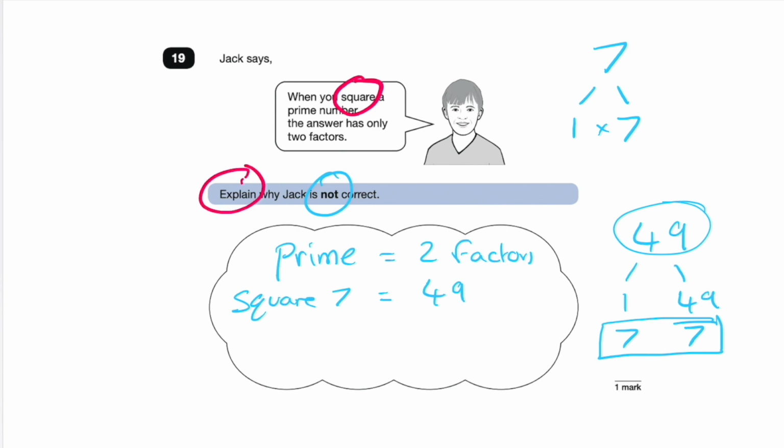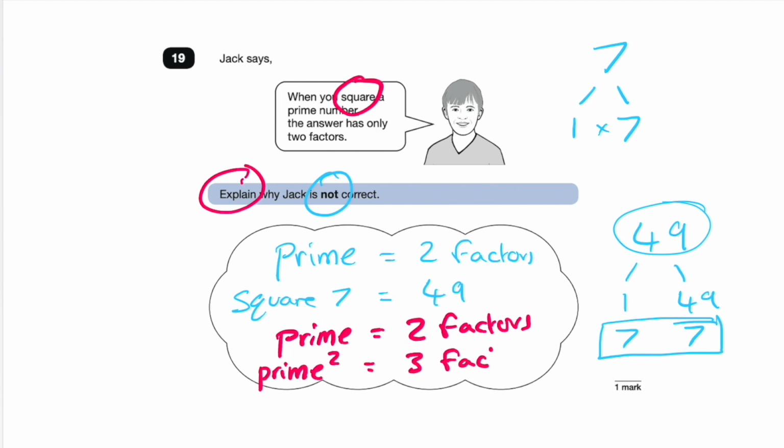So we can say that a prime number equals 2 factors, and if we square a prime number, we get 3 factors. Hopefully you can see that, because just by definition, if we square a number, we're automatically giving it another factor, because we're multiplying it by the 7s, and that would work with any prime number.